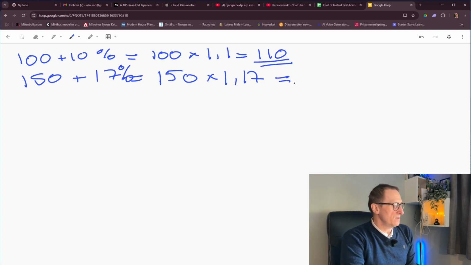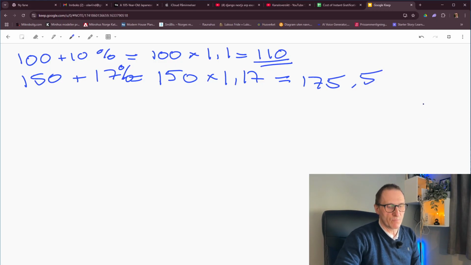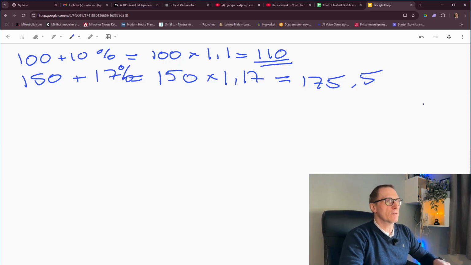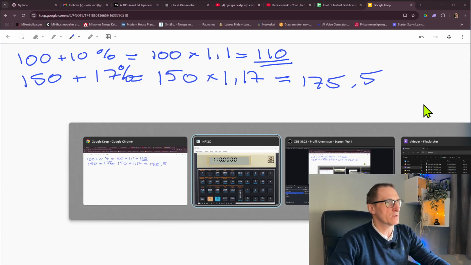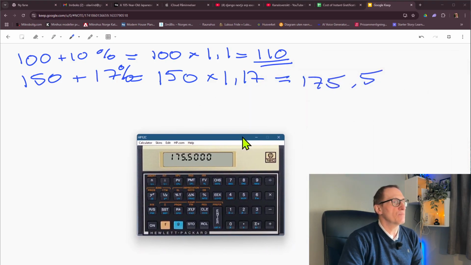And if we calculate that, we will get 175.5. Not because I'm very good at calculating that in my head, but because I've already done it a few times today. But if we take the calculator, we enter 150, enter, 1.17 times, that is 175.5.